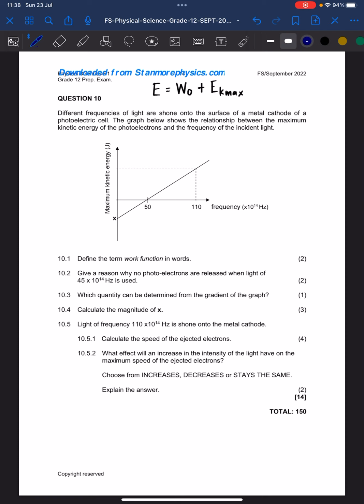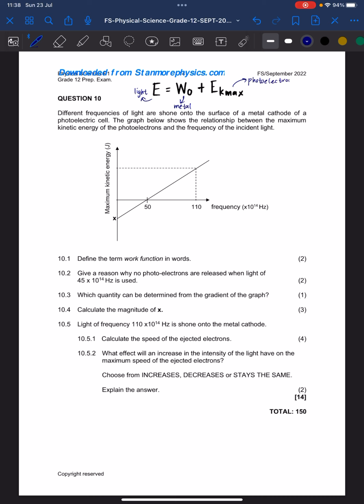We have to know what each thing in this formula represents. As I said before, this is for the incident light. This is for the metal. And this is for the photoelectron.